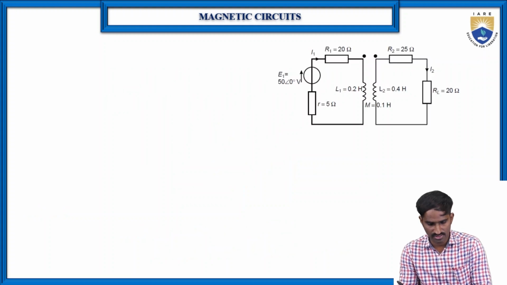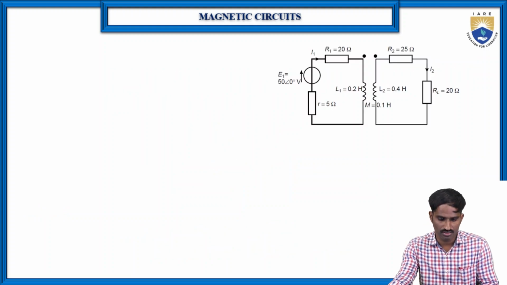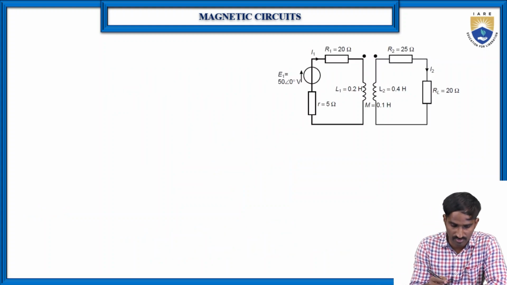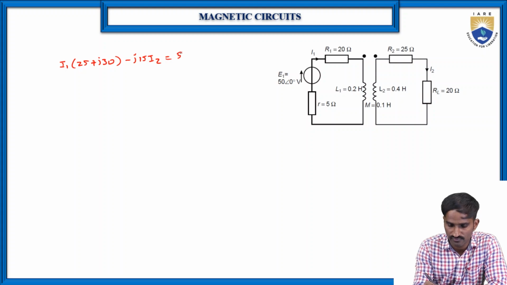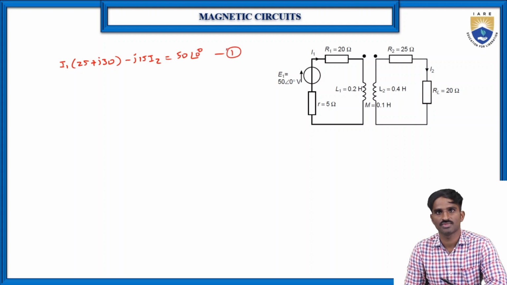If you simplify this, you get the primary voltage equation: I1 into 25 plus j30, minus j15 into I2, equals 50 at an angle of 0 degrees. Let us consider this as equation number 1.